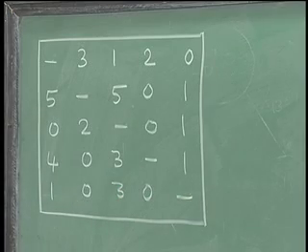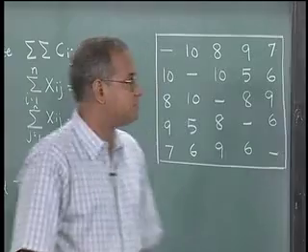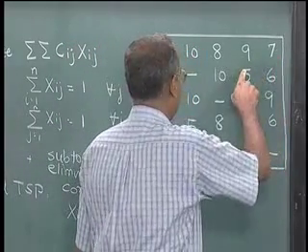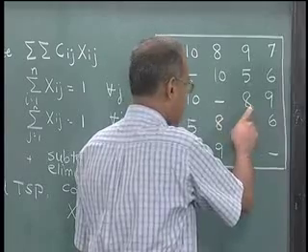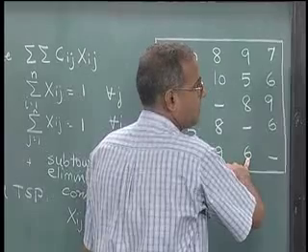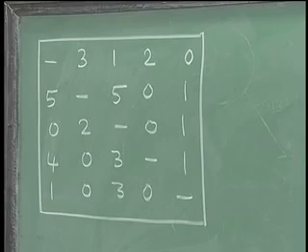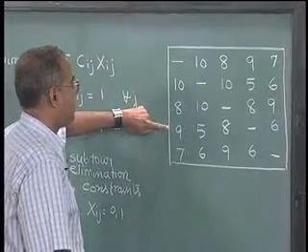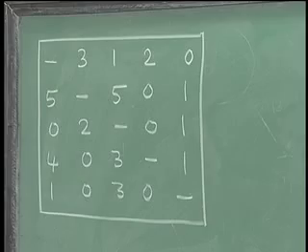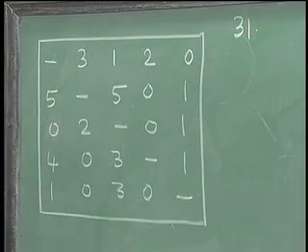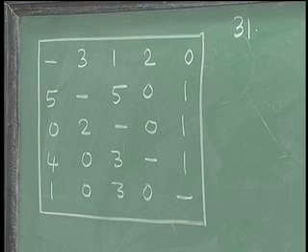So, this is the row minima that we have. Now, the sum of the row minima happens to be 7 plus 5 12 plus 8 20 plus 5 25 plus 6 31 is the sum of the row minima. 31 is the sum of the row minima that we have.